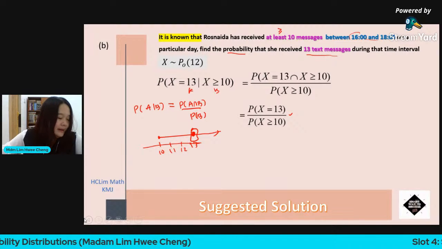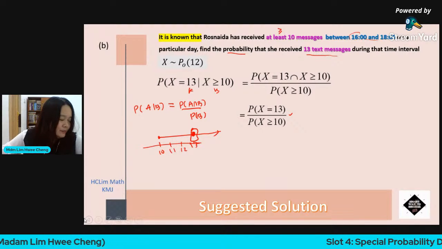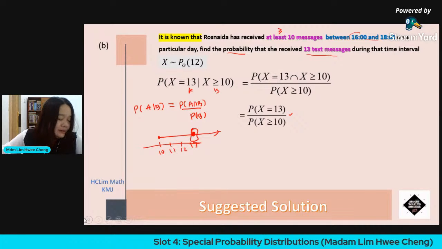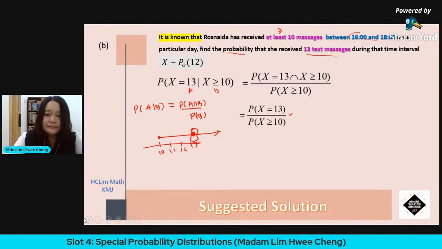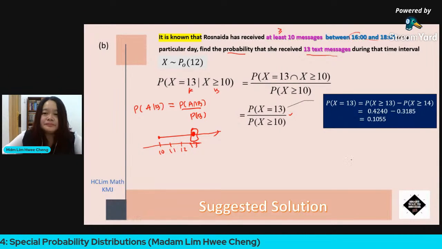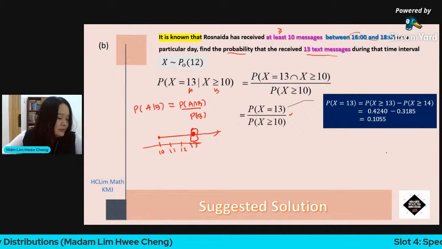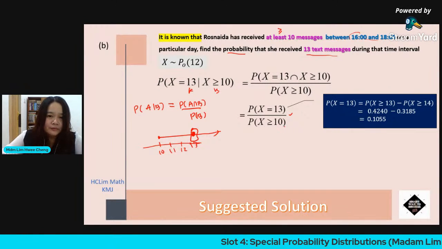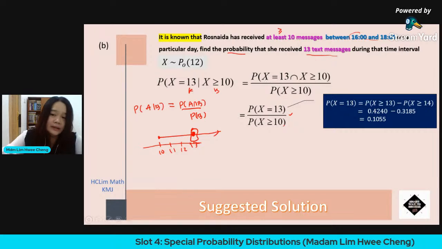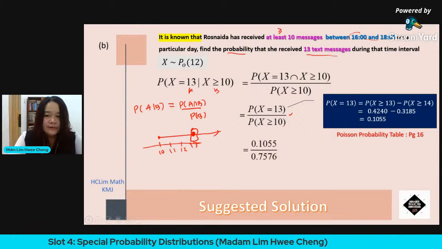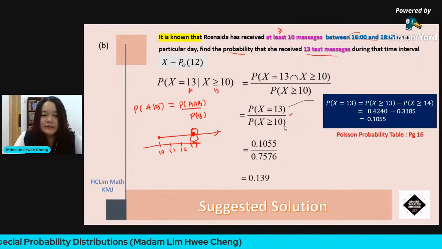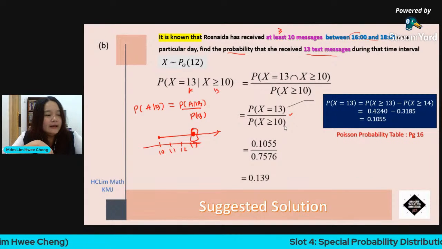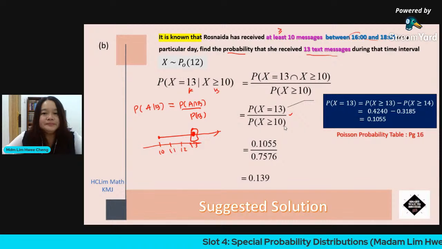To get x equal to 13, if you want to read or calculate, you read from the table. You get 0.1055. For this one, if you read from your Poisson table, you get 0.6576. So this is why you get 0.139 here. We do this separately: this one we read directly, and this one we take from here.